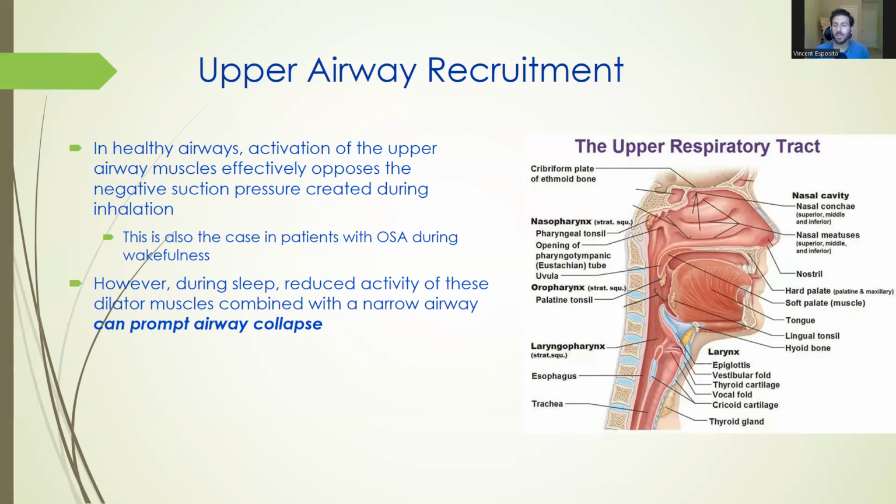The issue comes when you're asleep, when you lose, even though it's not technically really super conscious, but as you sleep, it becomes more relaxed. And again, as that negative pressure increases, that could potentially lead to collapse. The muscles are not toned enough to stay open. It leads to collapse. Then you get apneic events.